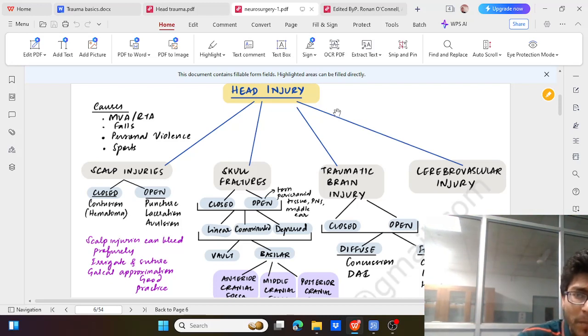So it is important, and we should know the basics. Even as MBBS doctors, we should know them so that in case of emergency we can handle such situations. So we'll start with head trauma.